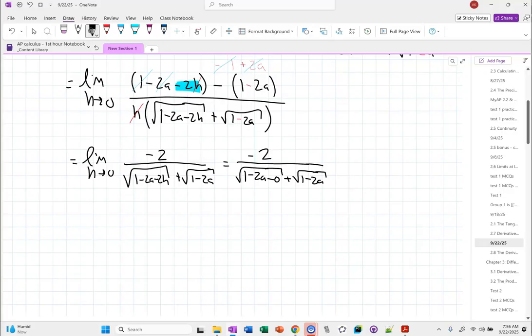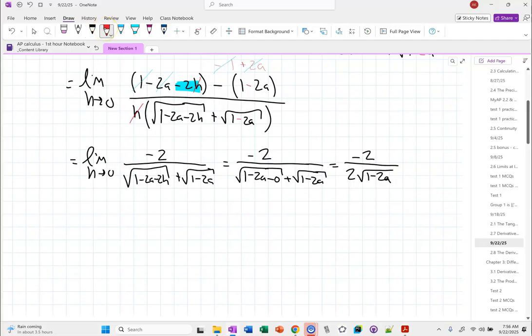We hung on to the limit all the way up to that point. So I'm going to end up with negative 2 on top, and I have a root of 1 minus 2a plus another root of 1 minus 2a. It's like 2 roots of 1 minus 2a.